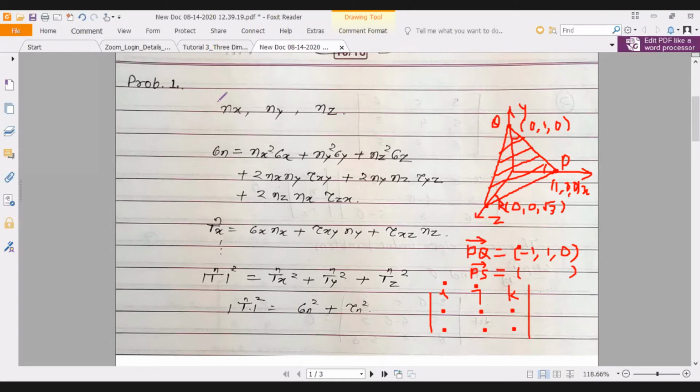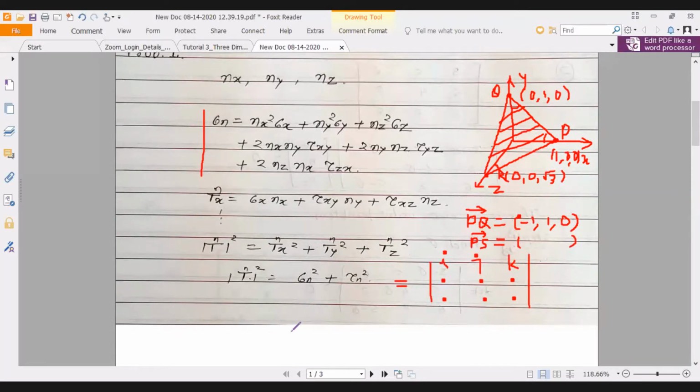But in the equation of your normal stress, this nx, ny and nz are your direction cosines. So how will you decide the direction cosines of this line, which is given by this equation? Suppose you calculated the equation of the line as x i plus y j plus z k.